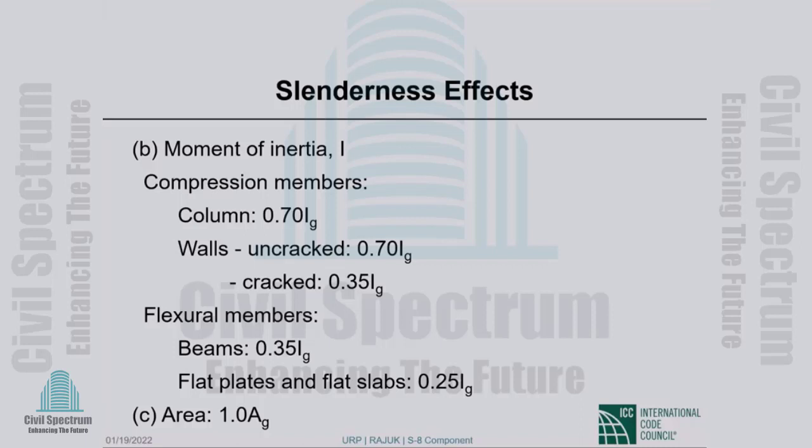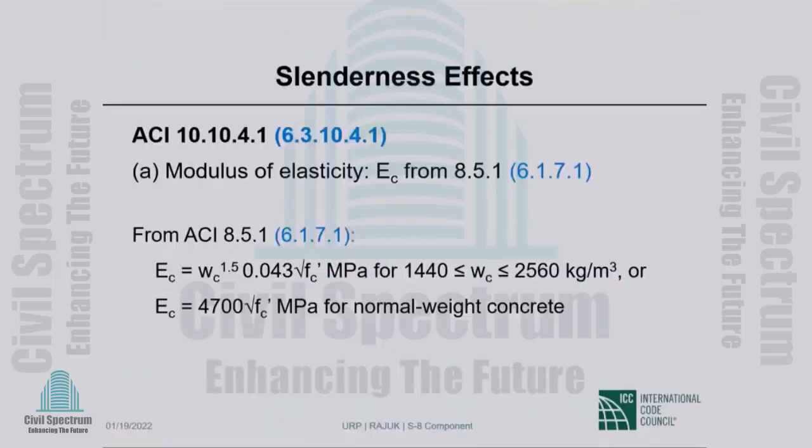Walls, if they're cracked, 35% of I sub g, uncracked 70%. Beams or flexural members, 35% of I sub g. Flat plates and flat slabs, 1/4 of I sub g. That's kind of interesting. And area is 1.0 A sub g. We don't reduce.